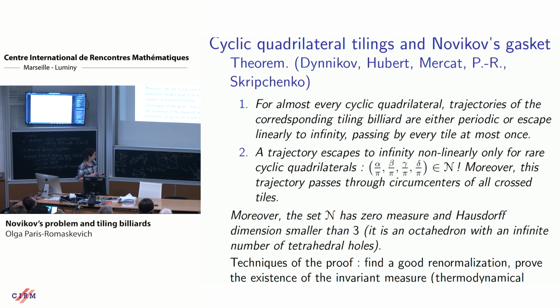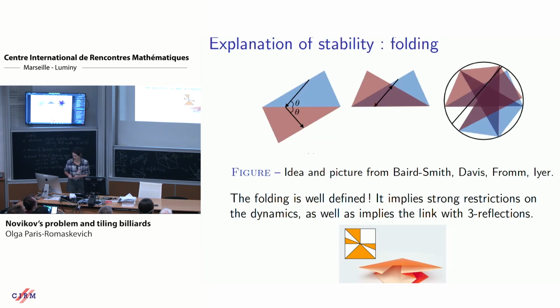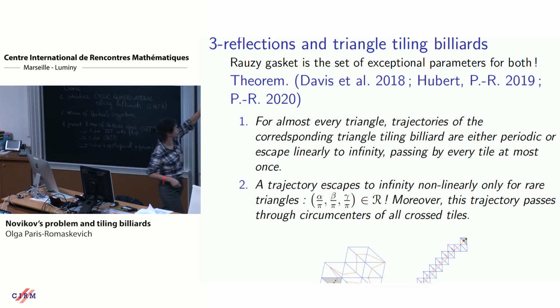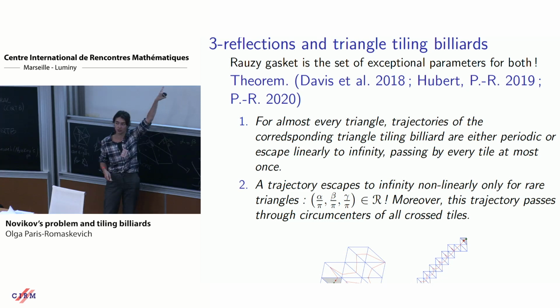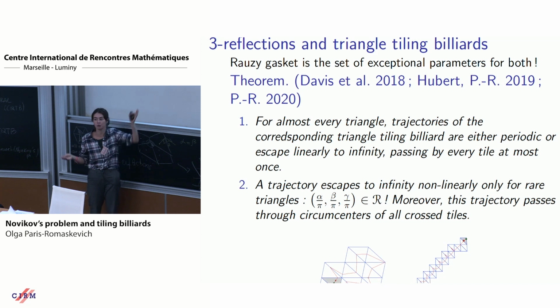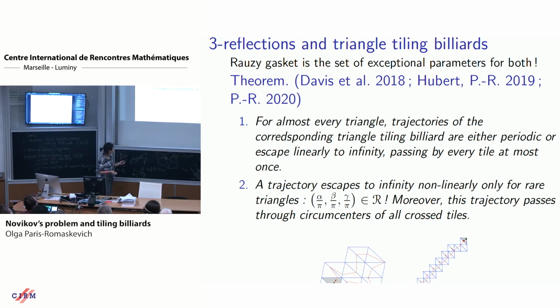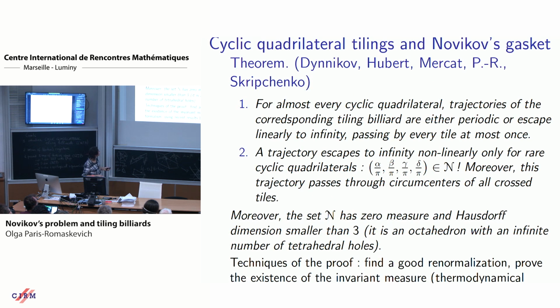So in the case of triangles, I didn't say it explicitly, I think: your exceptional set is actually the Rauzy gasket, the same set as we have seen for interval exchange transformations, which is not surprising because we have seen that they're connected. This is the same system, more or less. We want to find the same set in the case of quadrilaterals.